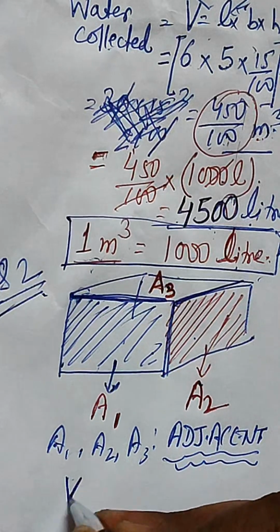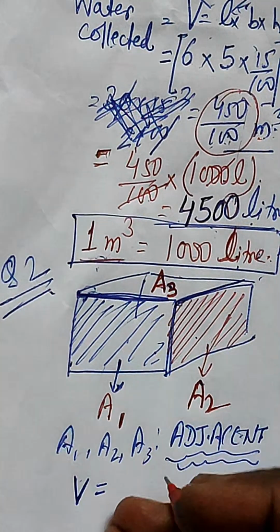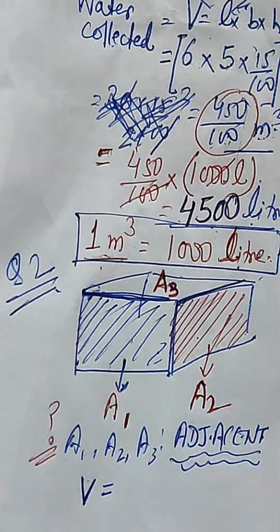How can it be written? So the volume of a cuboid in the form of a1, a2, a3 is what we need to calculate.